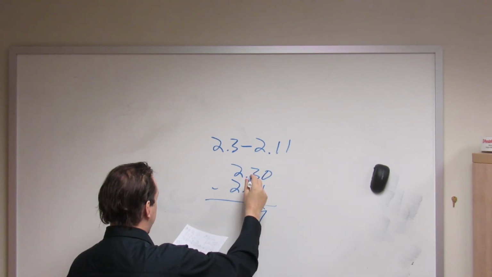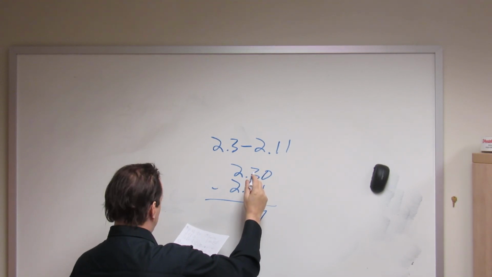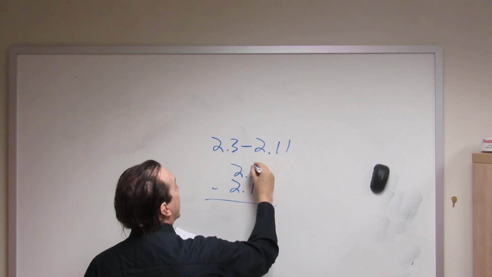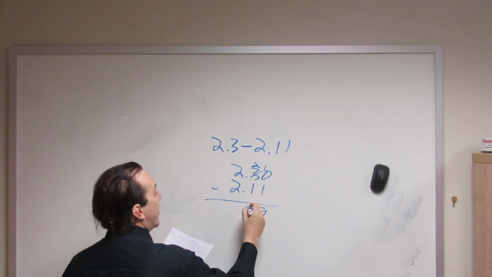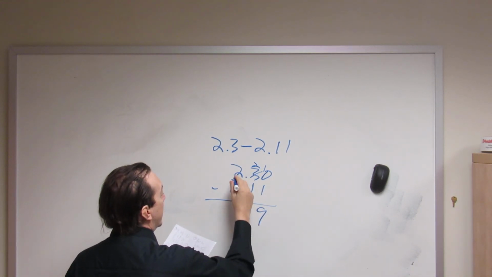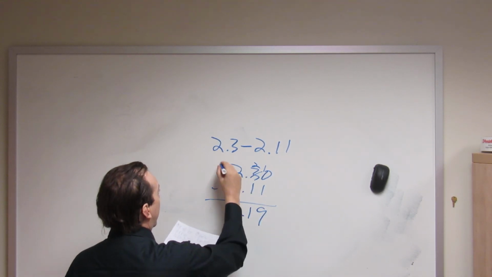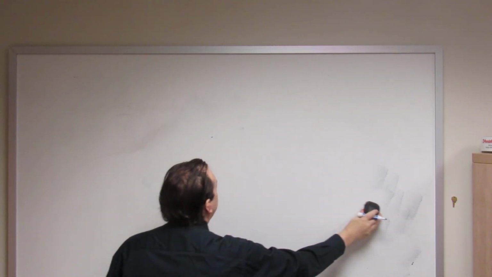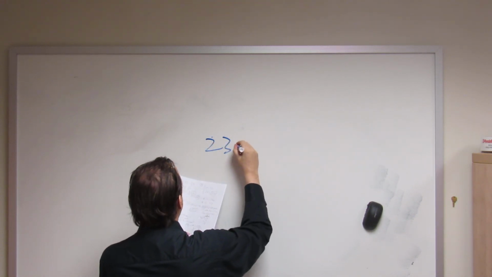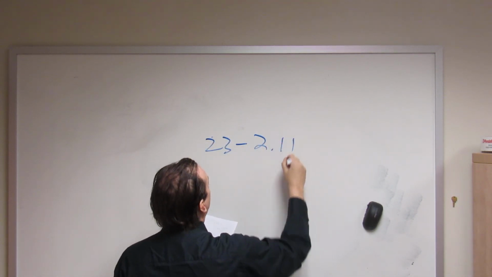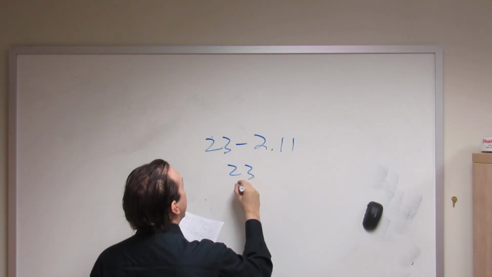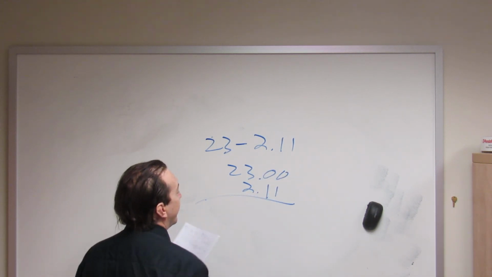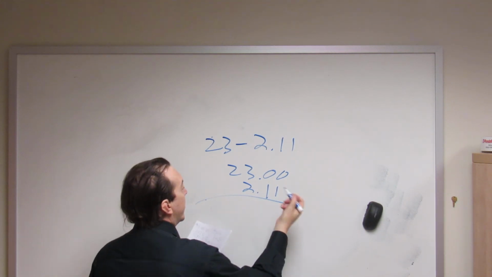This becomes a 2 minus, so we borrow a 1, change that to a 2. 2 minus 1 is 1. I'm sorry. Let's change this. 23 minus 2.11. So 23, 2.11. We need 2 zeros here. Okay, so we're going to do the same thing.